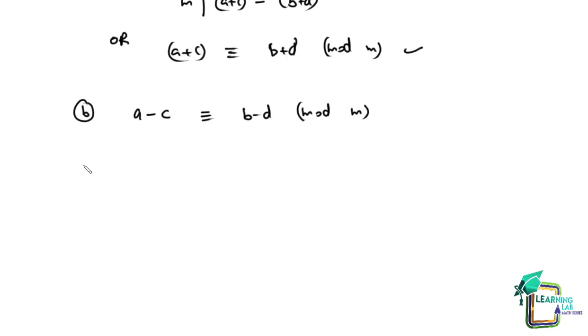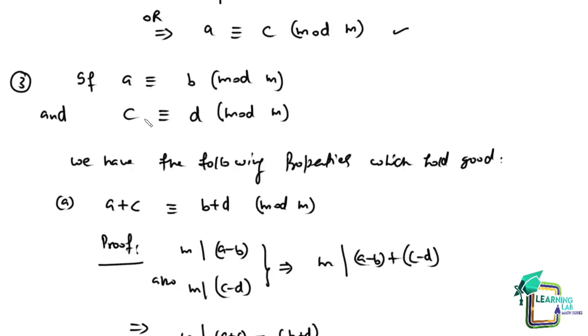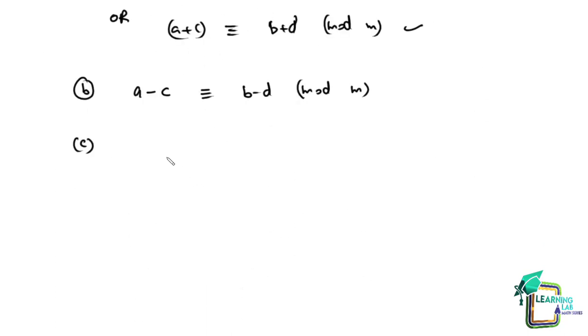Now the third, we can also multiply these two statements. That means A into C is congruent to B into D mod M, right?